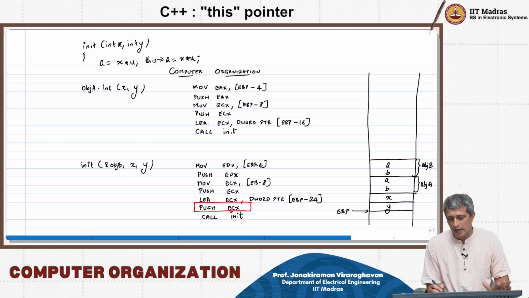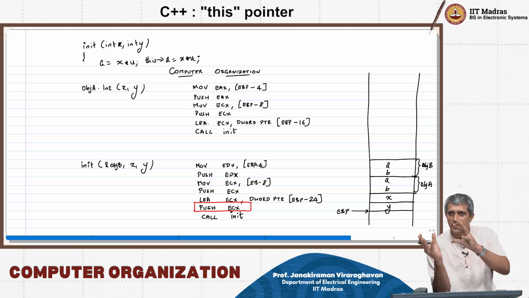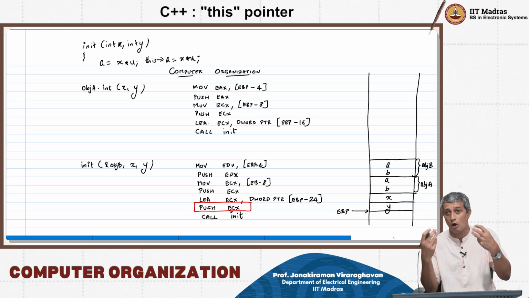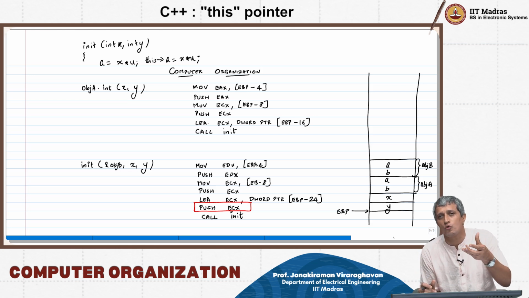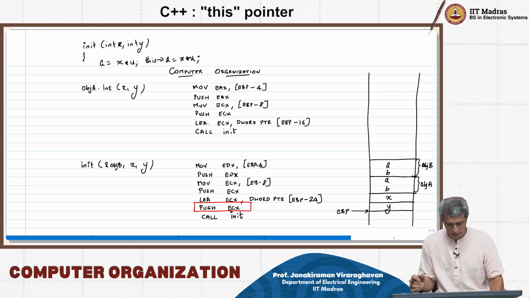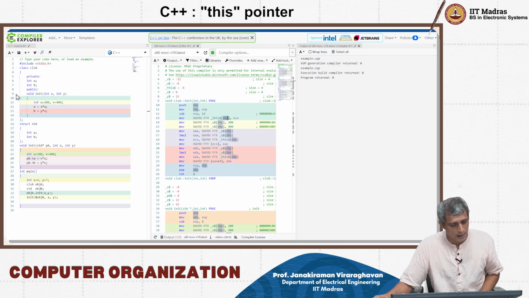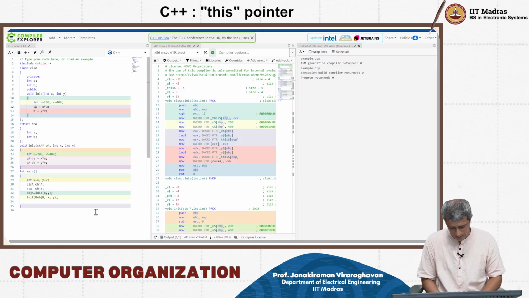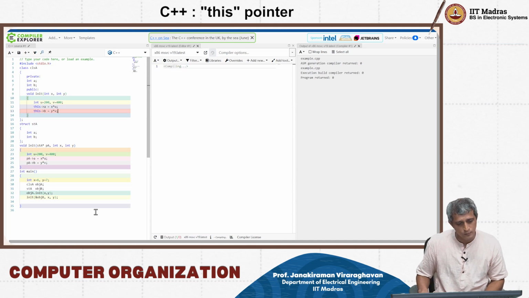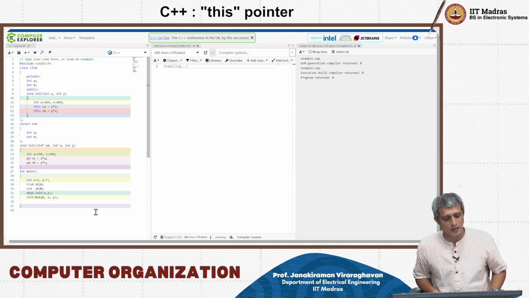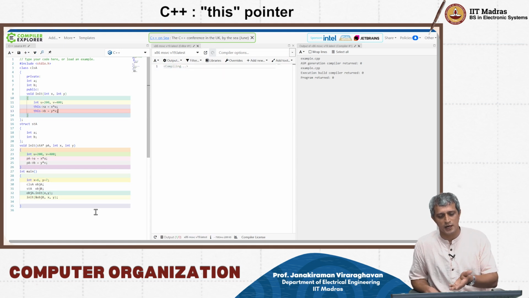Okay, so that is why I can pass the address of the this pointer, that is the address of the object itself, through a register to this function. In fact, I can go here and change this if you want. I can say this arrow A and this arrow B. It will still give you a valid compilation and it will translate to the exact same assembly output that we have.